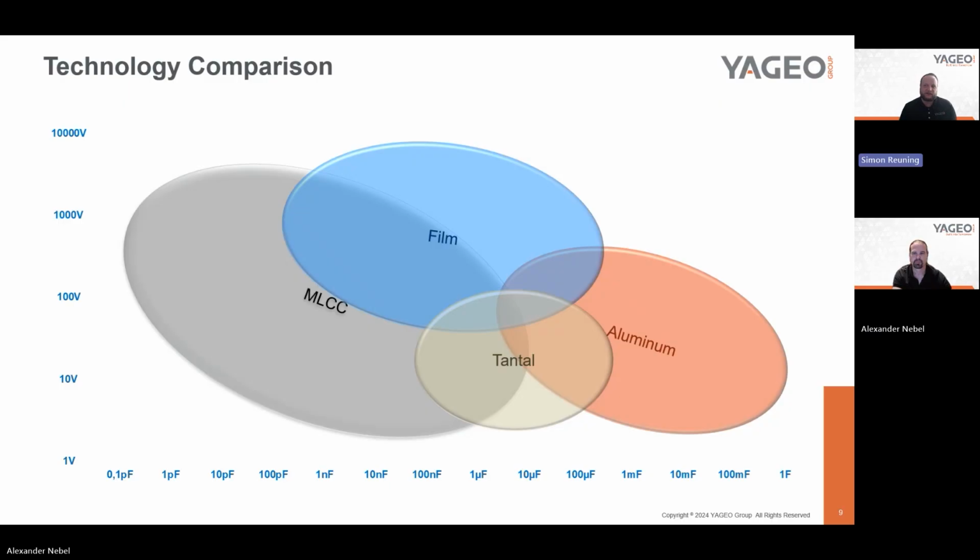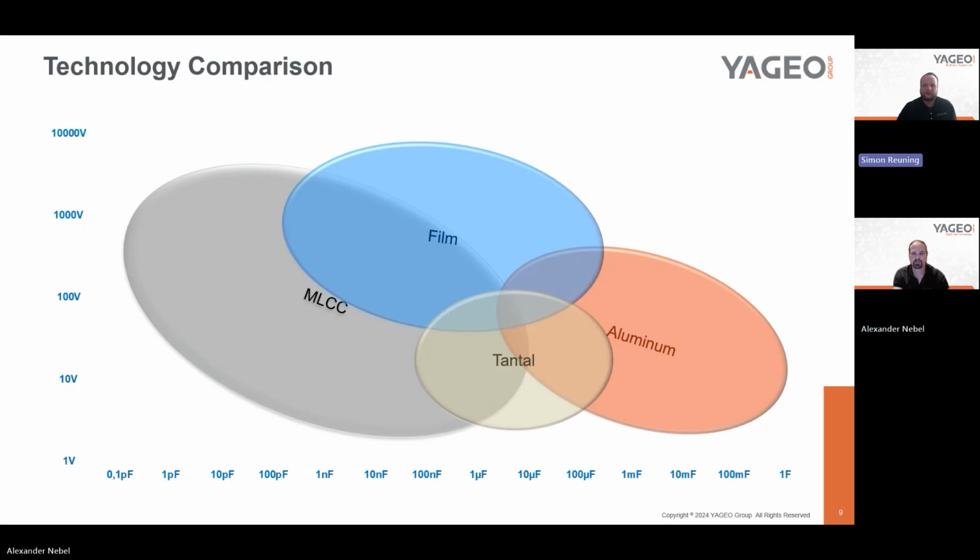And then the MLCCs, are they limited to a maximum capacitance range around 22 microfarad and maybe 33 microfarad? Correct. But do not forget that there's always another option to put several capacitors either in parallel to increase the capacitance or in series to increase the voltage.